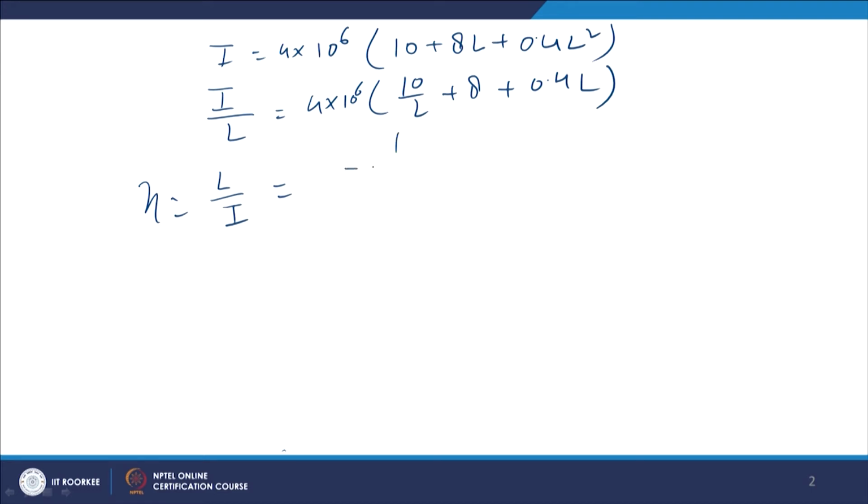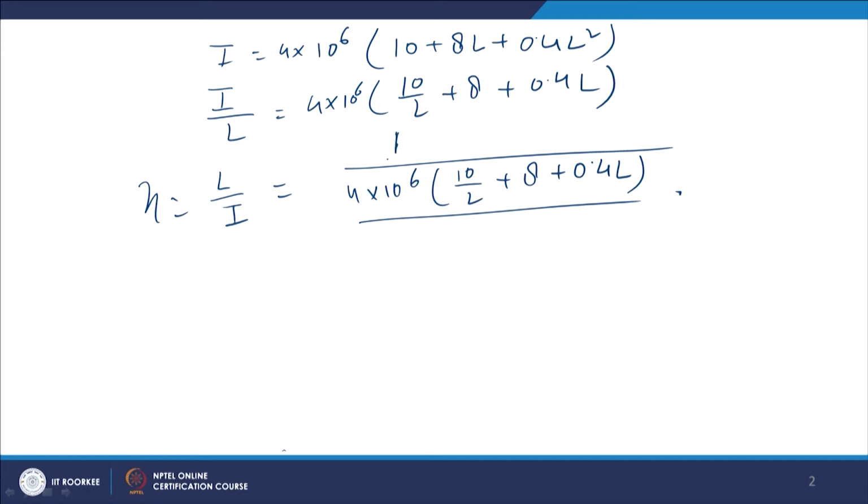It will become 1 by 4 into 10 to power 6, 10 by L plus 8 plus 0.4 L. Now, efficiency is going to be the maximum when this is minimum, right. So, let us differentiate it.